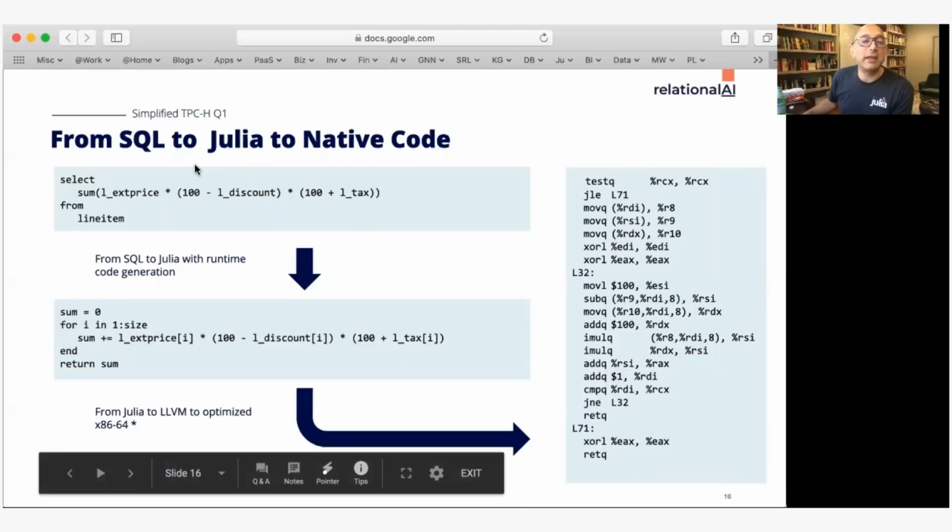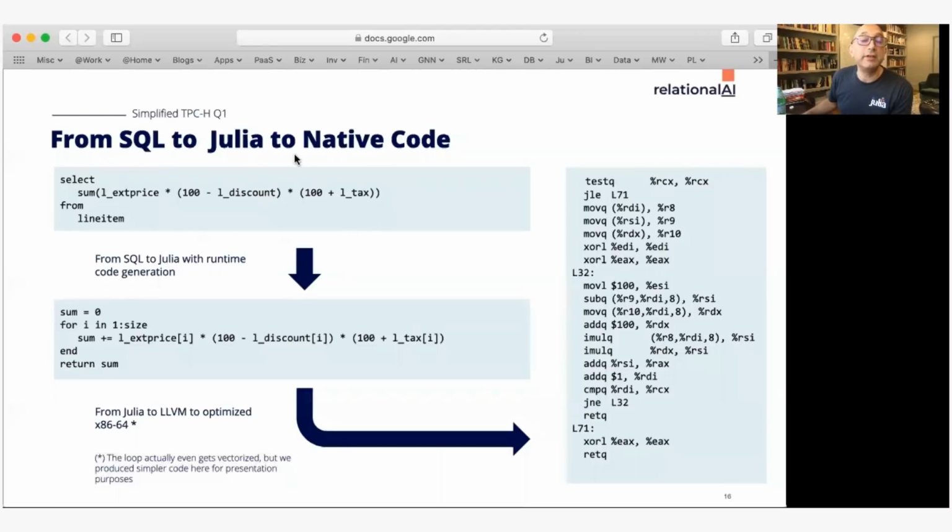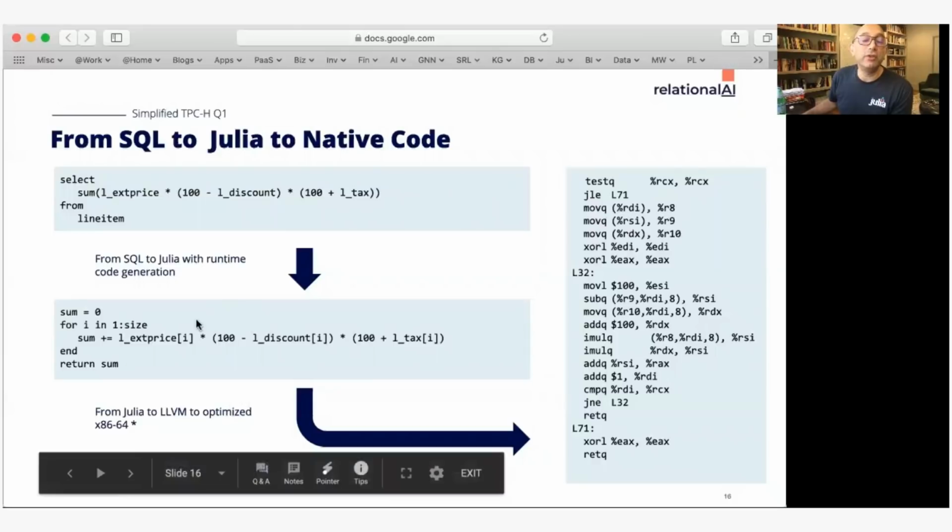In our system, the select query will be optimized using a very sophisticated semantic query optimizer, and the resulting execution graph is then emitted as a Julia program, which we give to Julia, and Julia analyzes and optimizes that further and emits LLVM IR, and then LLVM takes that and emits machine code that runs very efficiently. And in fact, this is the machine code that executes that SQL query.